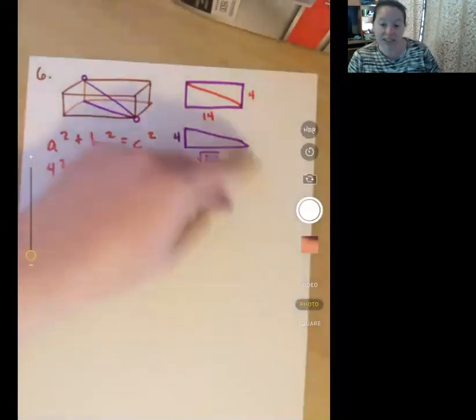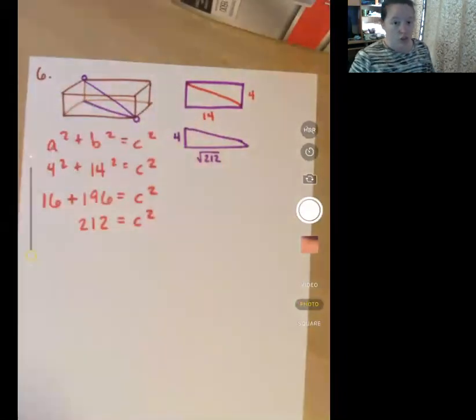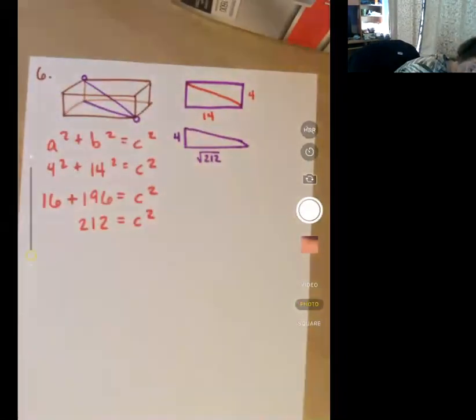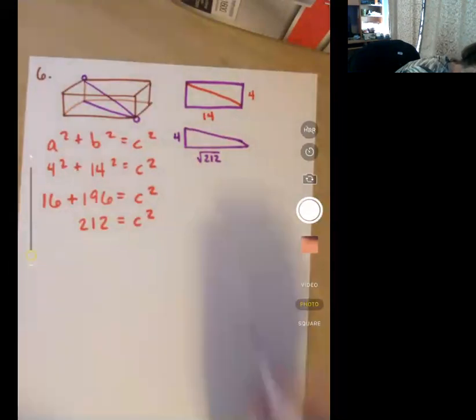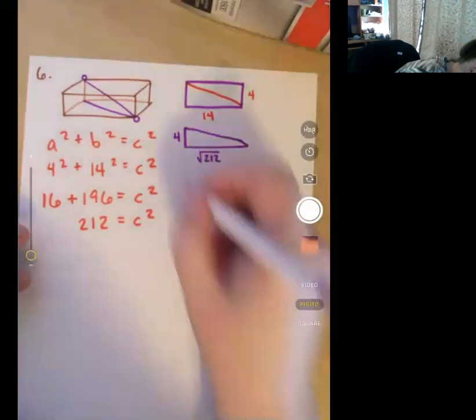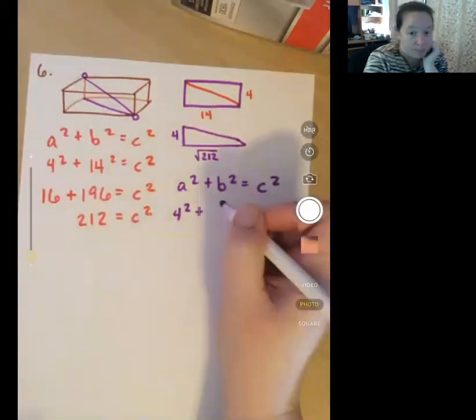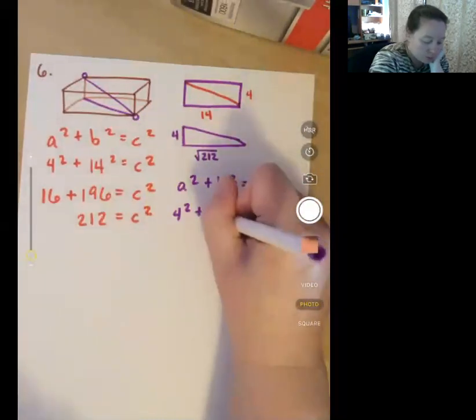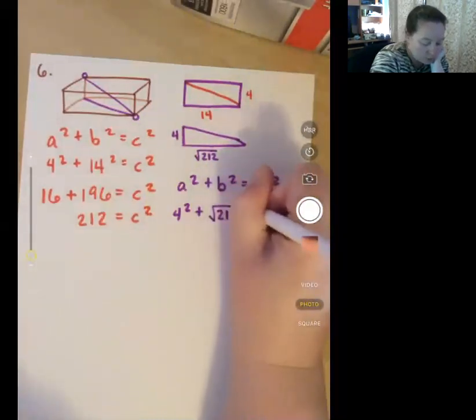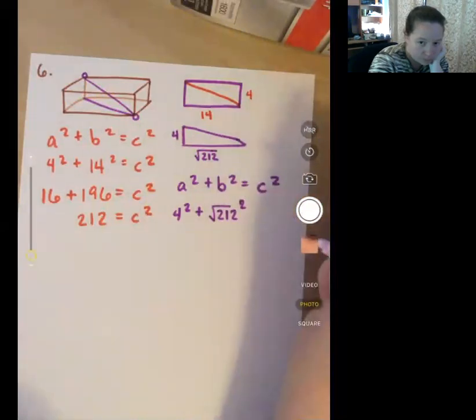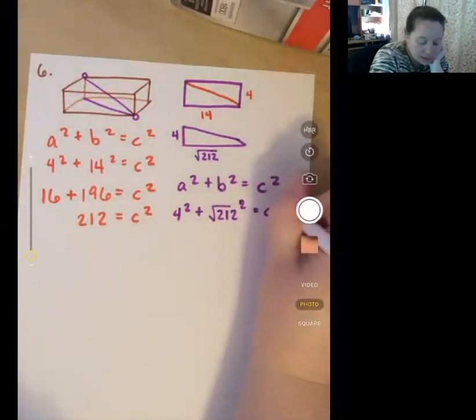Okay, we are once again solving for C. So I'm going to write it over here. A squared plus B squared is equal to C squared. A squared is still the 4 squared plus B squared. Now B squared is the square root of 212 squared equals C squared.